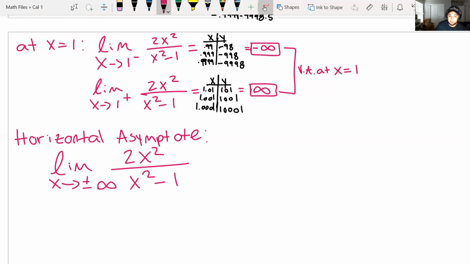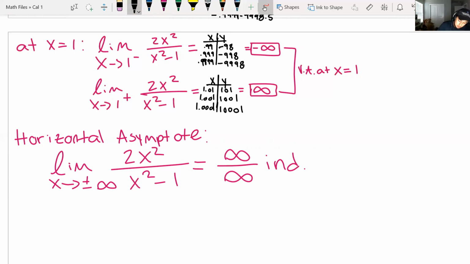No matter what for this one, if I plug in infinity or negative infinity, I'm going to get infinity over infinity, which is what form? Indeterminate, which means you get to use L'Hopital's on this.